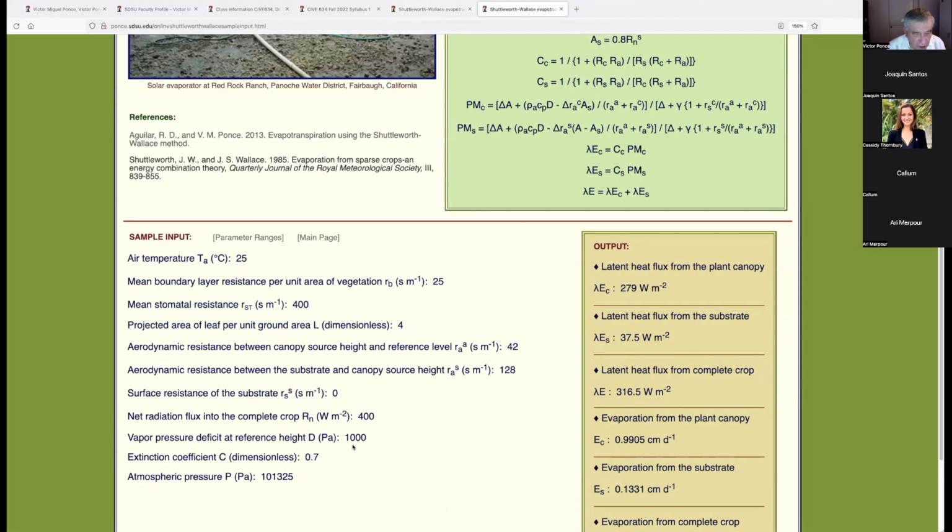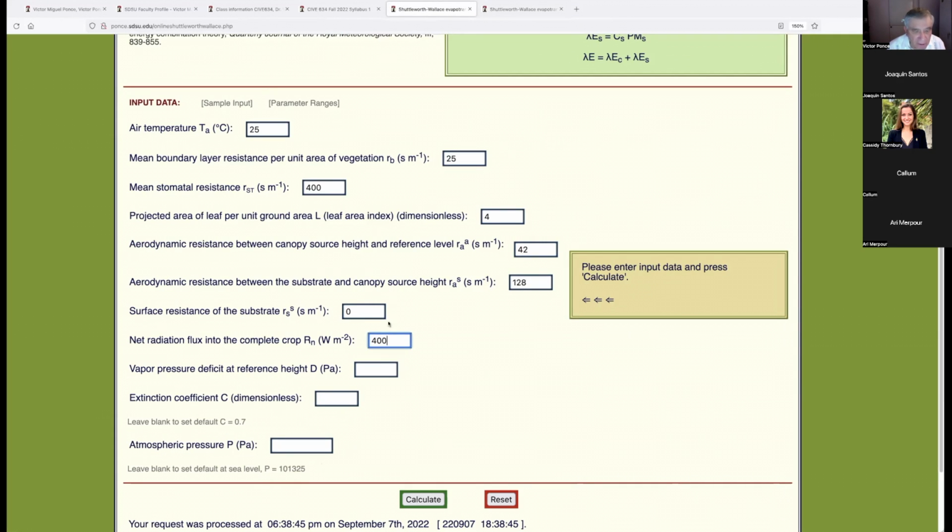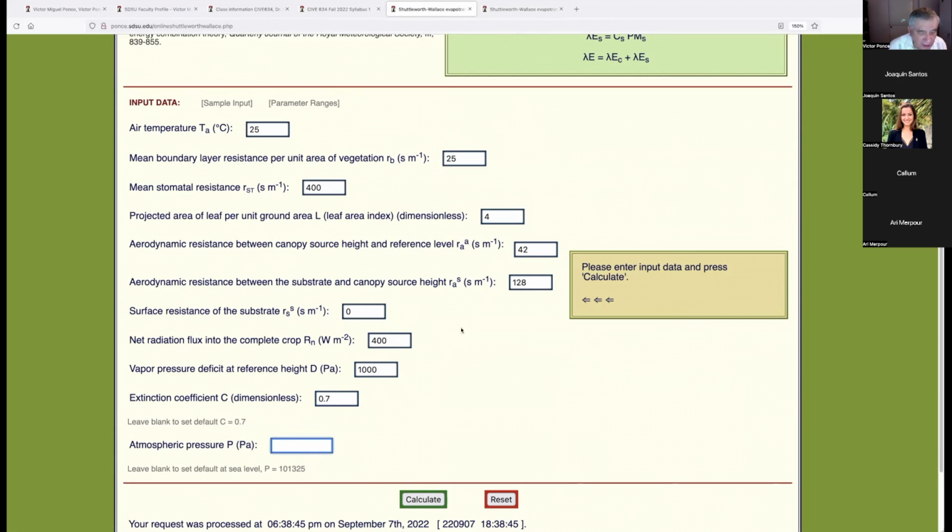Then vapor pressure 1,000.7 and 101,325. Vapor pressure 1,000. Extinction coefficient, and to be honest with you, I don't know exactly what that means. And this one is, I forgot. It's 101,325. That's the atmospheric pressure. 101,325, in pascals, not in millibars, but in pascals.